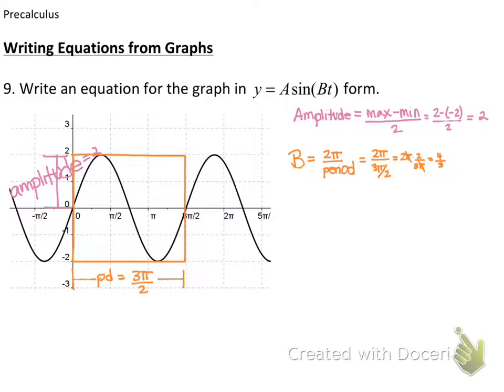We don't have one. This looks like a sine graph since we're starting at 0, 0, and going up first, so there is no vertical reflection, which means that our equation is going to be y equals 2, because that's my amplitude, and then we know it's sine, like we just said, of 4/3 t.